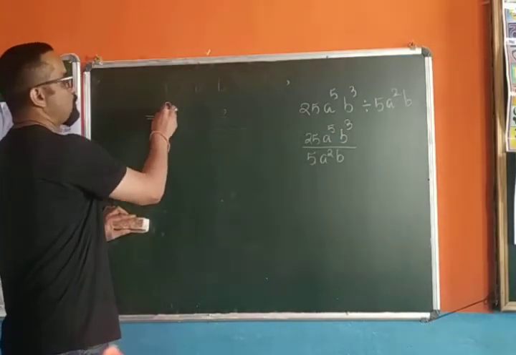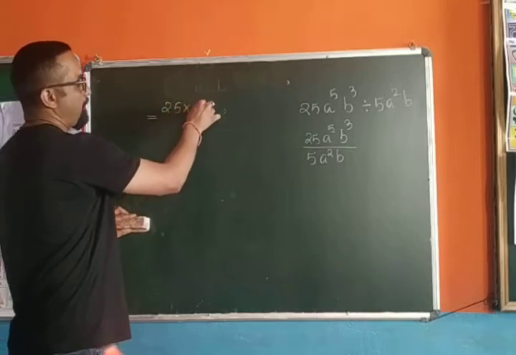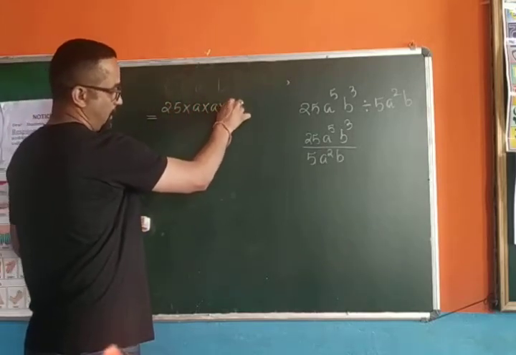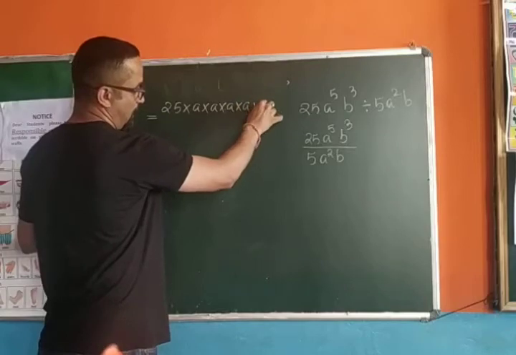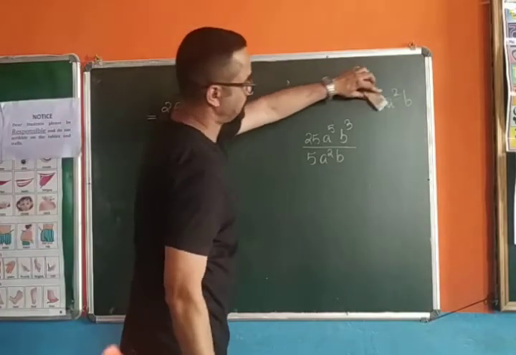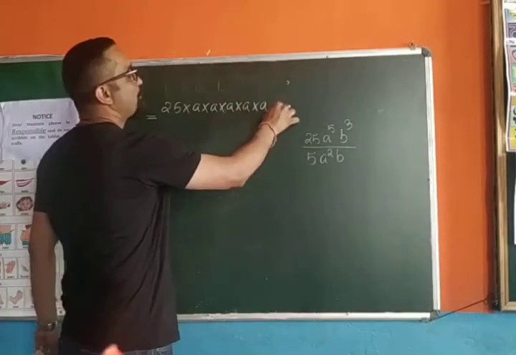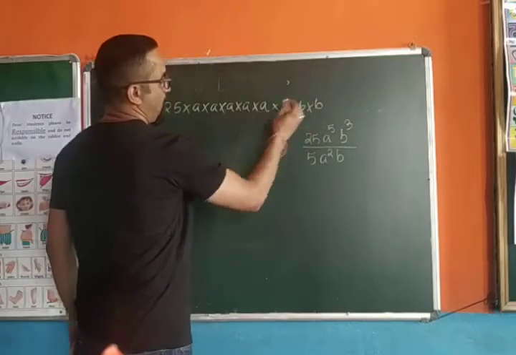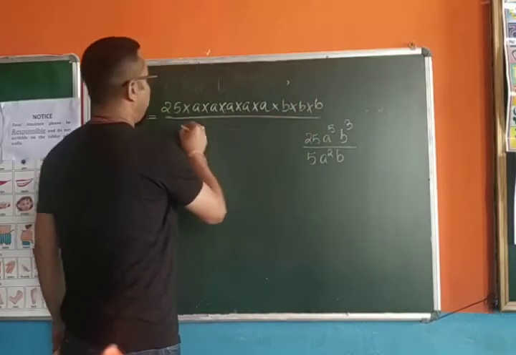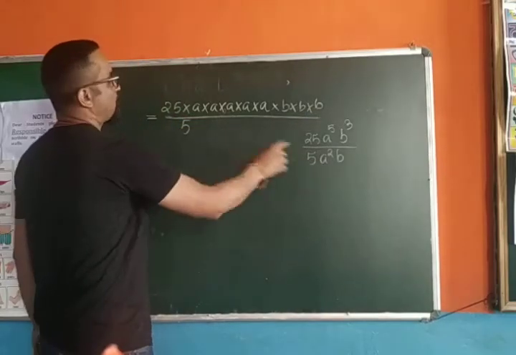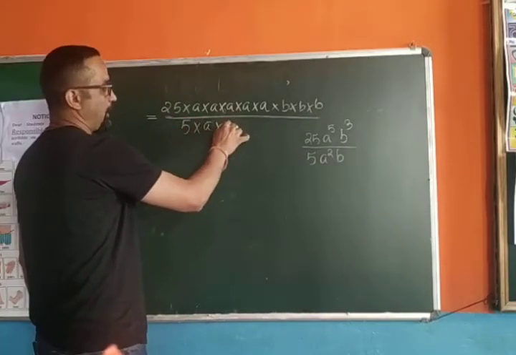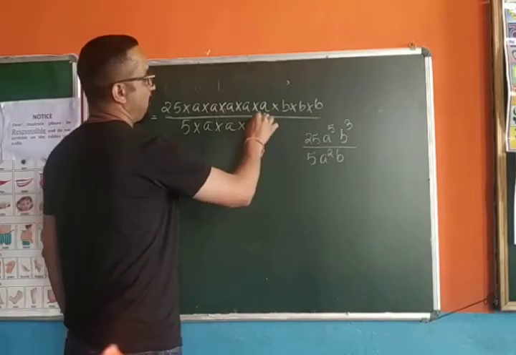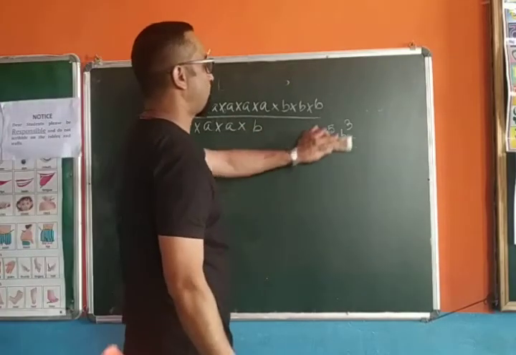So we write this one as 25 and a 5 times. Similarly, you can write b 3 times, divided by 5. A squared means 2 times a and b is 1. b to the power of 1 means b.